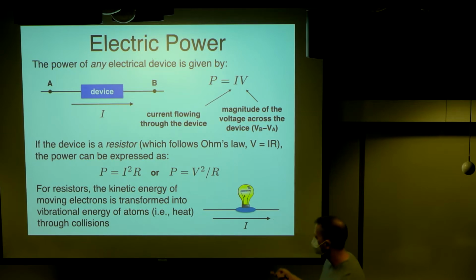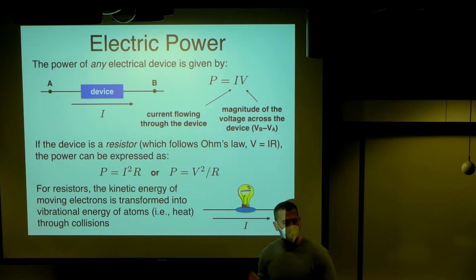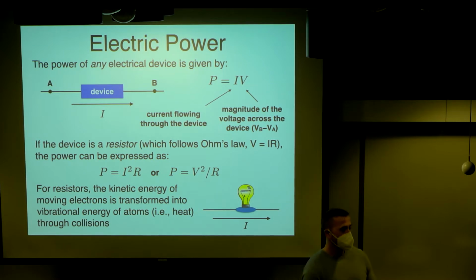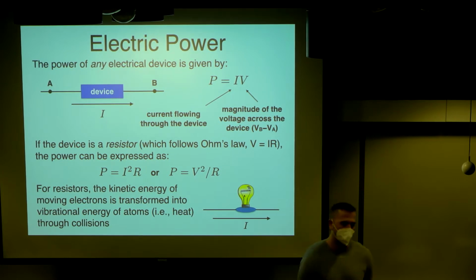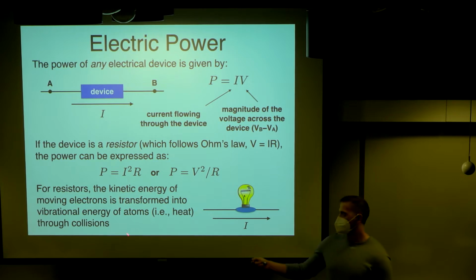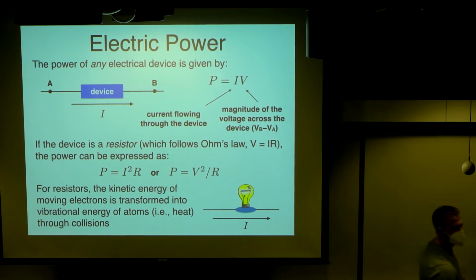They're going to crash into other electrons and atoms within the material. When those collisions happen, it heats up the material. Okay, it causes the thermal energy, the vibrational energy of these atoms to increase. And we quite literally feel that as heat. So a very simple electrical heater is nothing more than current flowing through a resistor, generating a lot of thermal energy. Okay? So do we have any questions on that?